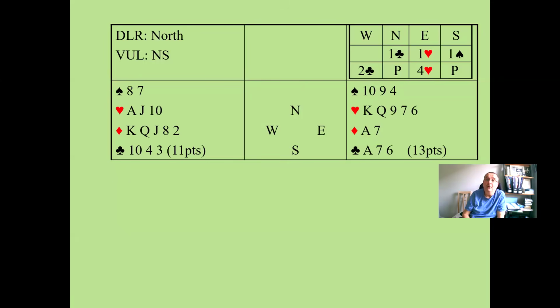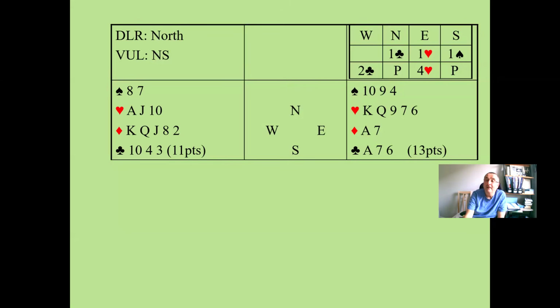If you count your tricks, you're probably going to make five hearts as well as five diamonds and the ace of clubs. So you may well make 11 tricks on this hand. The hands fit together quite well there, and you've got that strong diamond suit.